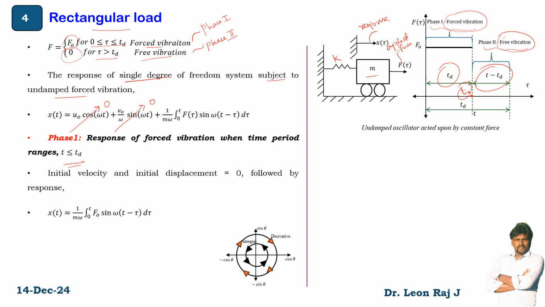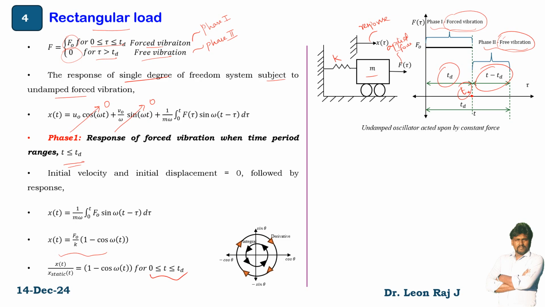In this case, the response reduces to x of t equal to 1 by m omega integral 0 to t f0 sin omega (t minus tau) d tau. Simplifying this formula, you will get x of t equal to f0 by k (1 minus cos omega t). This is for the time period 0 to td.